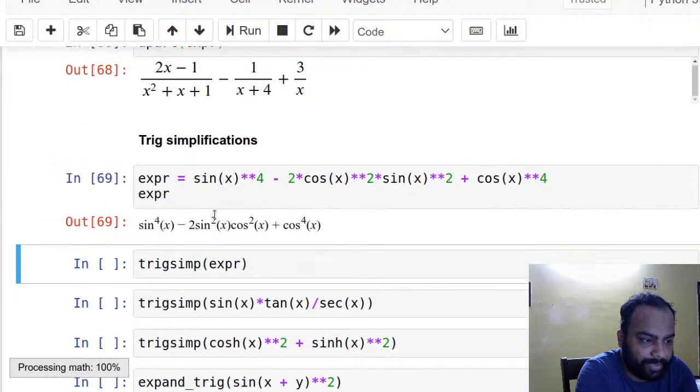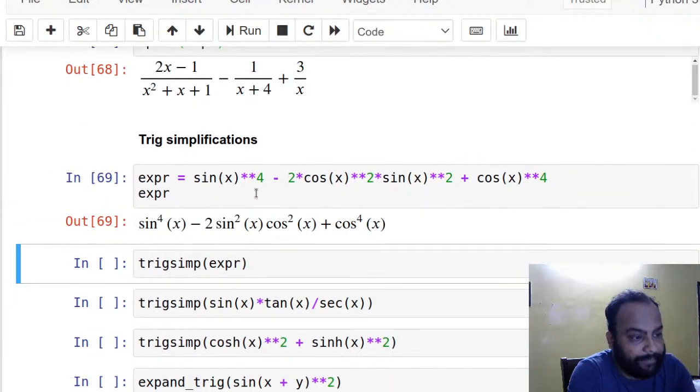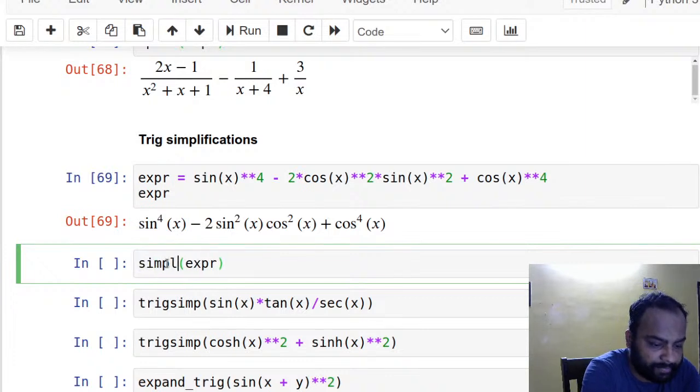Now let me show you when simplify actually fails. For example, this is a trigonometric expression: sine x to the power 4 minus 2 sine square x cos square x plus cos to the power 4 x. I want to simplify this. So instead of saying simplify, I can say trig simplify, because if I say simplify, it might work, it might not work.